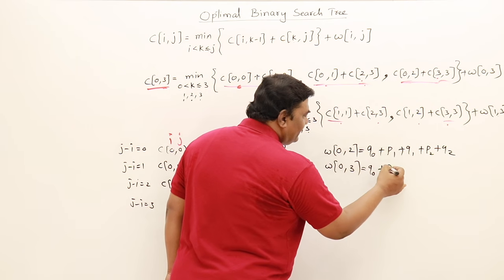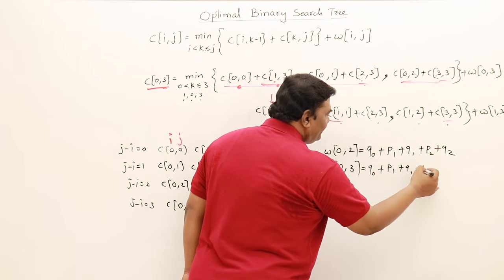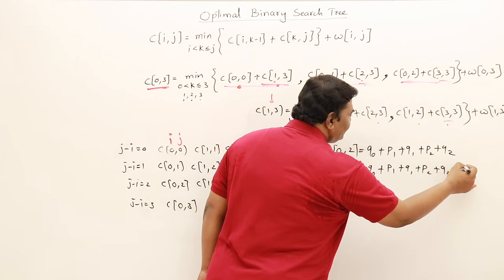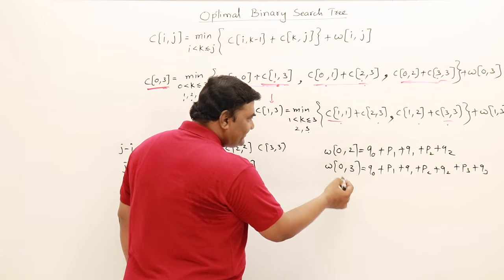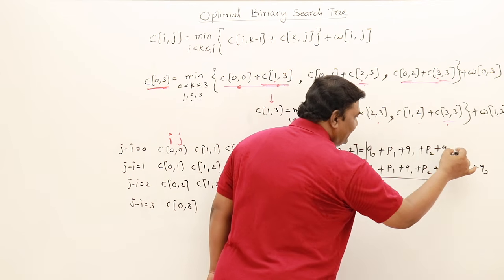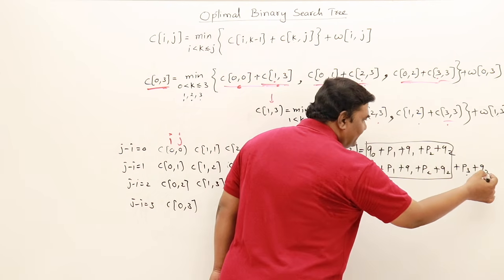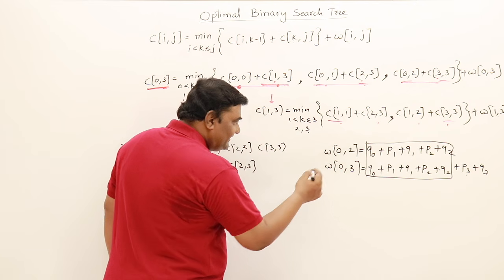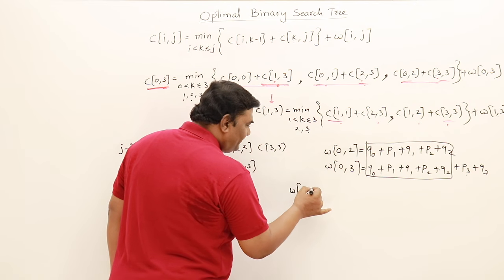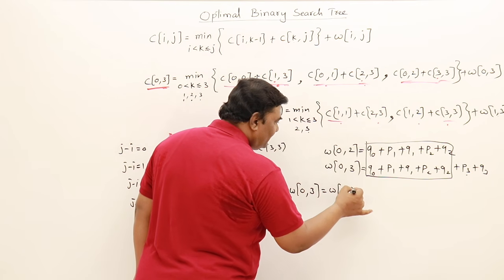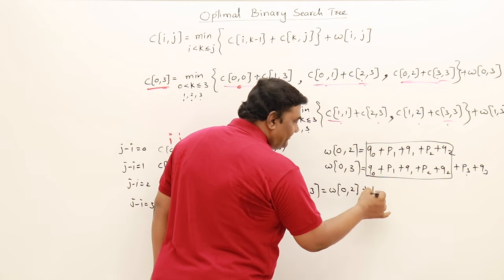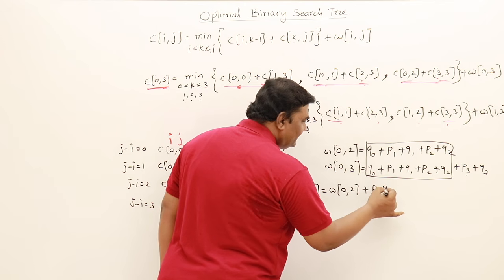Q0 plus P1 plus Q1, P2 plus Q2 plus P3 plus Q3, right? So if you observe these two, this part is the same and only P3, Q3 is added. So weight of 0, 3 can be taken as weight of 0, 2 plus P3, Q3, right?